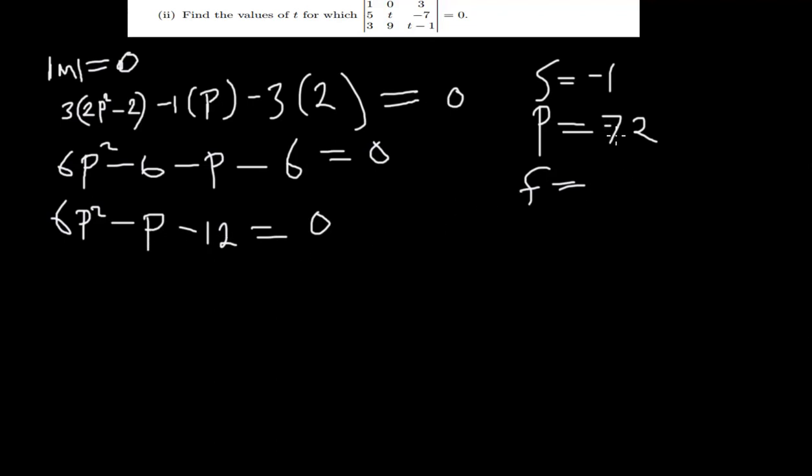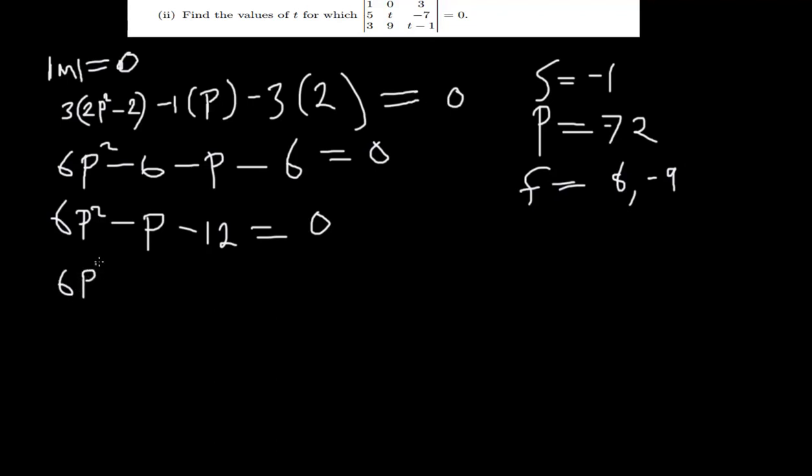So for you to get negative 72, you need to multiply 2 numbers, and those 2 numbers, when you add them, they are supposed to give you a negative 1. So I think these are 8 and negative 9. So we can put them there.